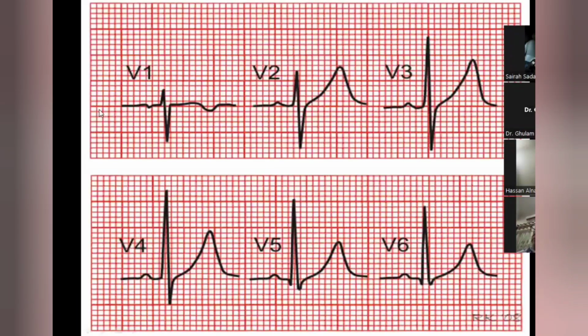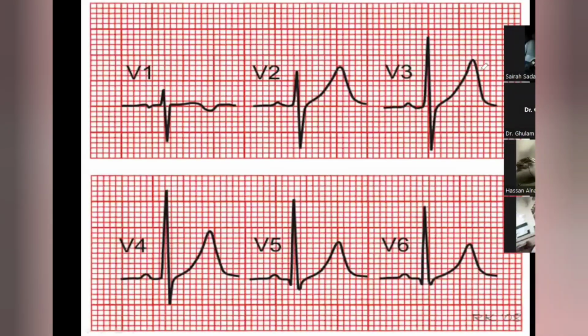What you already know now is that in V1 and V2, because these two are the right leads, there will be a negative deflection. Negative deflection means a prominent S wave and small R wave. V5 and V6 are the lateral leads, so there will be a positive deflection, meaning a prominent R wave and a small S wave.